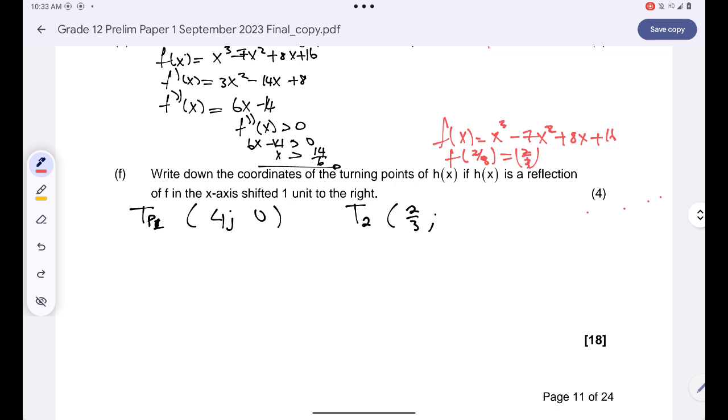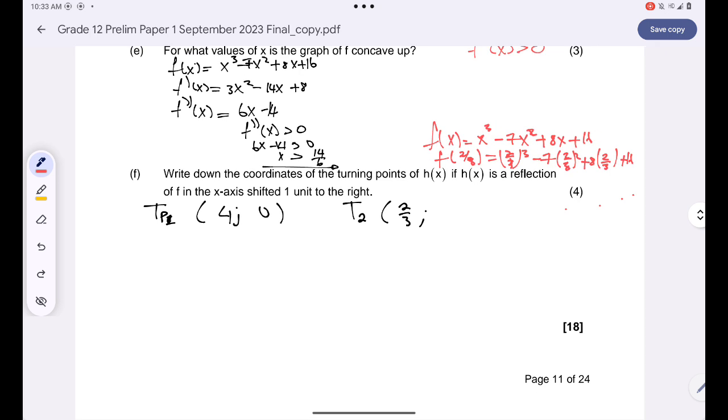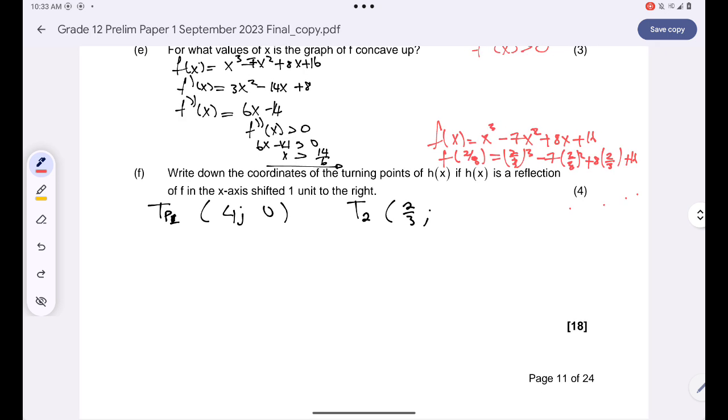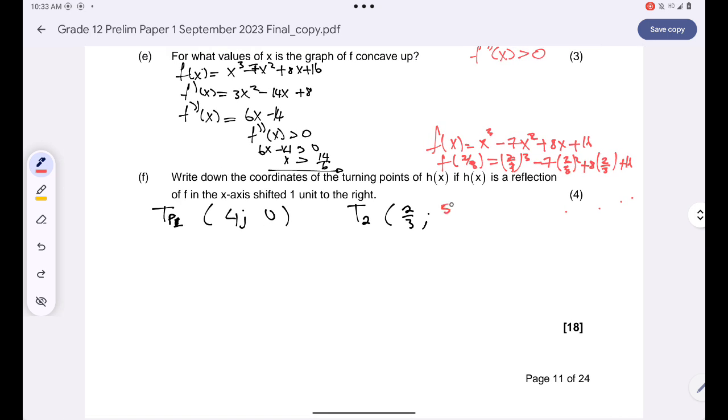That's 2 over 3 cubed minus 7 times 2 over 3 squared plus 8 times 2 over 3 plus 16. This will just give me an answer of 500 over 27.